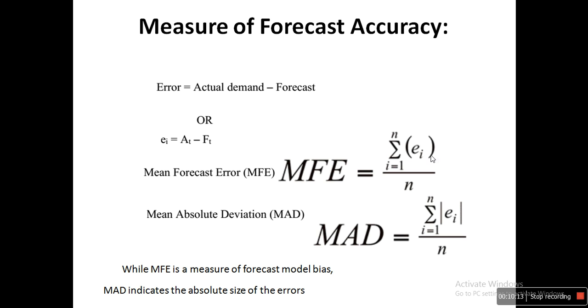The average of the error gives you the mean forecast error, and the average of the absolute error gives you the mean absolute deviation. Mean forecast error measures the model bias, whereas the mean absolute deviation gives you the absolute size of the error.